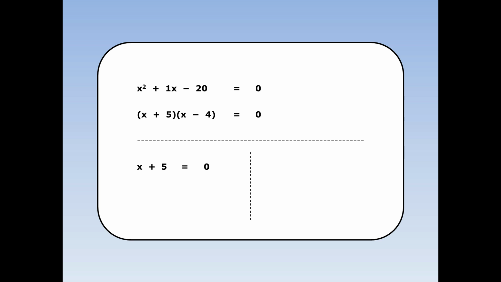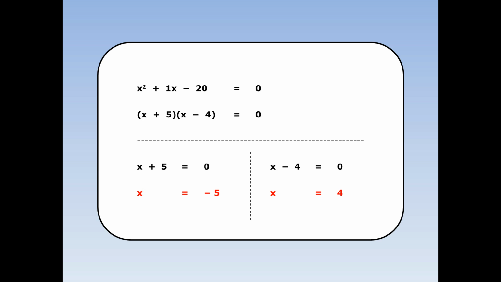If the first bracket is 0, x plus 5 equals 0. Take away 5 from both sides, and I end up with x equals minus 5. That's my first answer. If the second bracket is equal to 0, x minus 4 equals 0. Add 4 to both sides, and x is 4. These are my two answers.